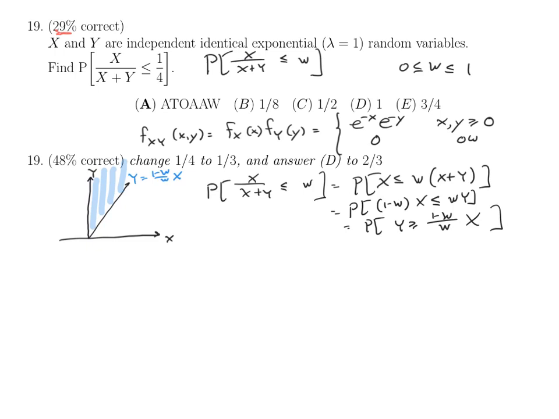So this is equal to, and now we have to do some fairly strenuous calculus, the integral for x from 0 to infinity, and then the integral over y. We're going to do the y integrals exactly the way these blue stripes are shown. The y's go from 1 minus w over w times x to infinity, and that corresponds to starting here and going up to infinity.